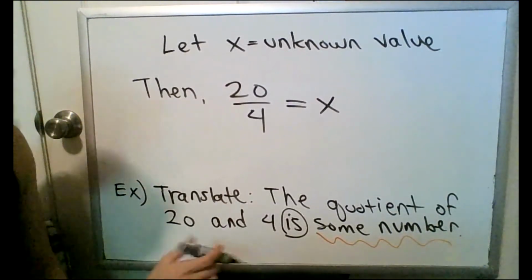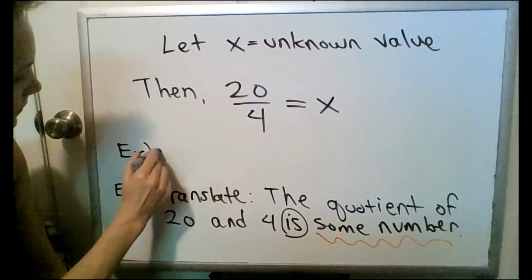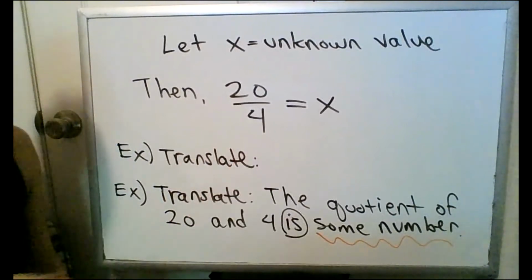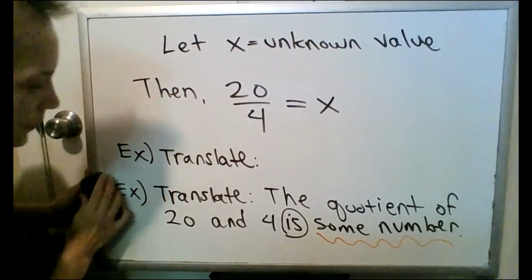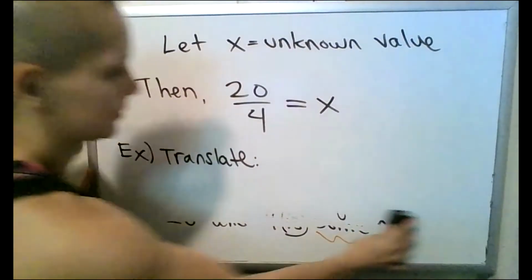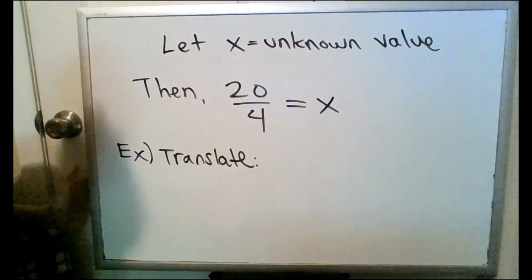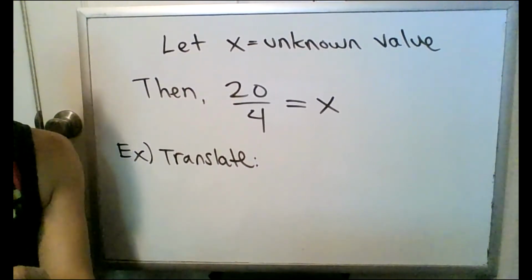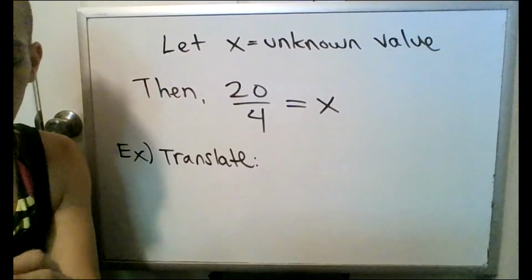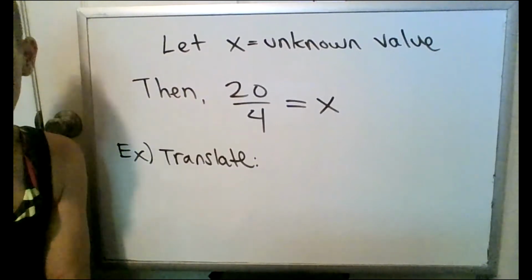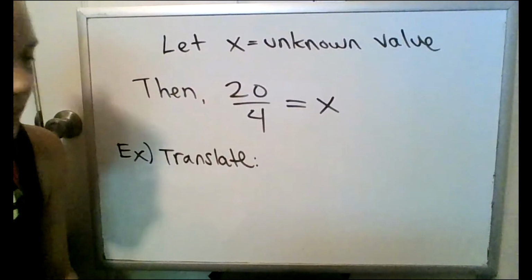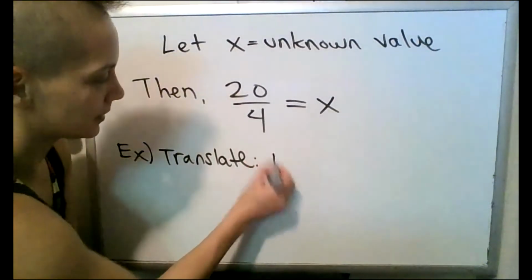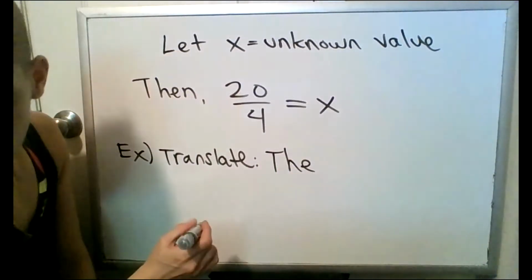Cool. Last one. For homework number 2. Oh, actually, never mind. I still wanted to talk about perimeter before we leave homework number 2. So the last one for translating from English to math. So it's the difference of 16 and 2 times a number.